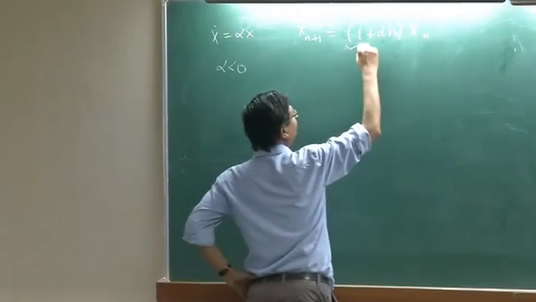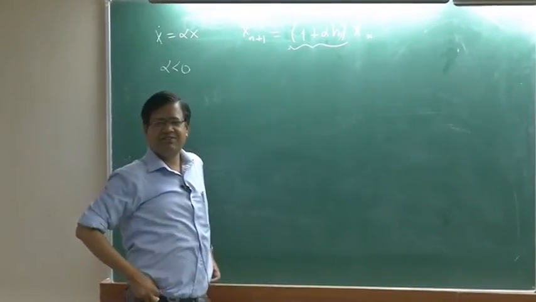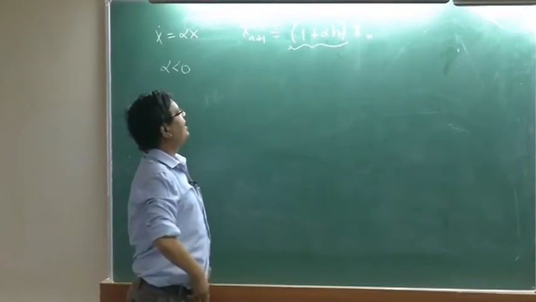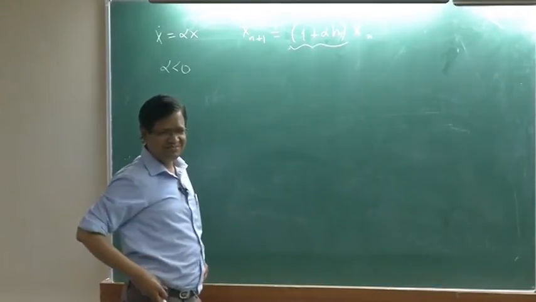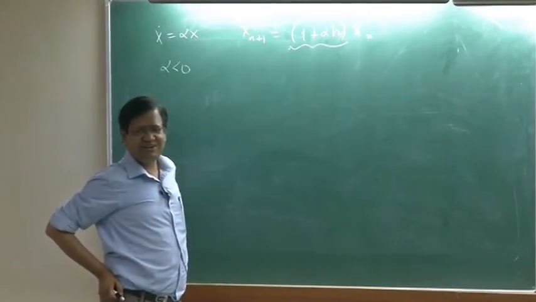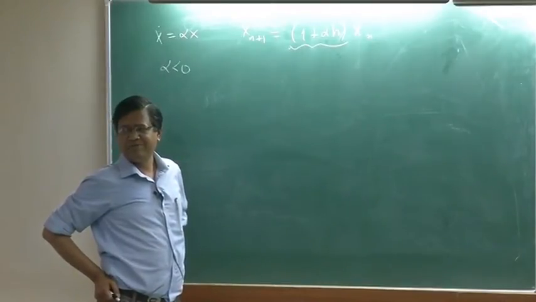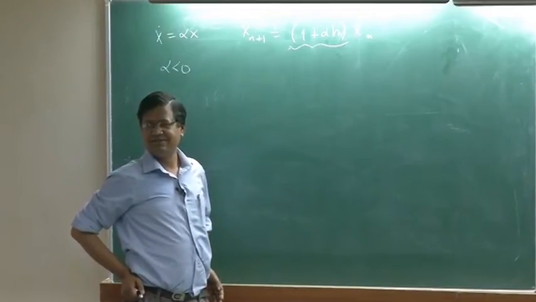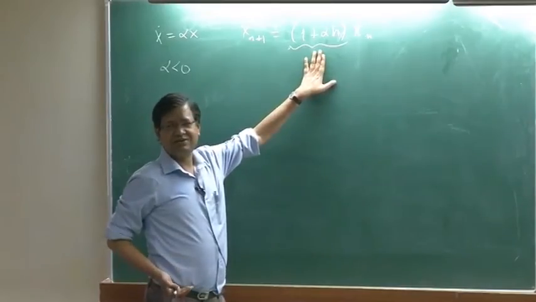What happens to this term for alpha less than 0? Can your solution oscillate? Will it always go to 0? When will it not go to 0? When alpha h is greater than 1.